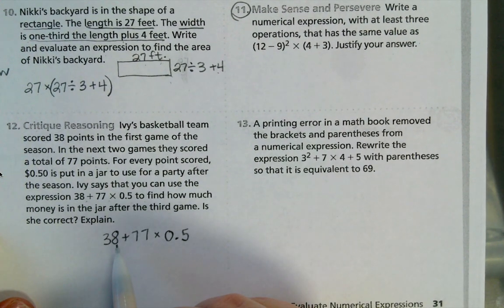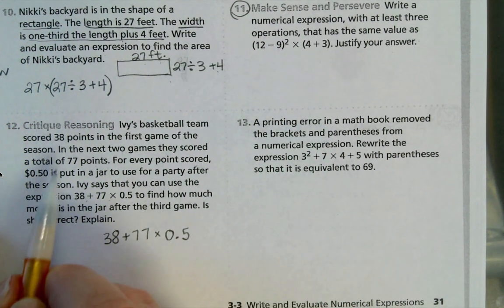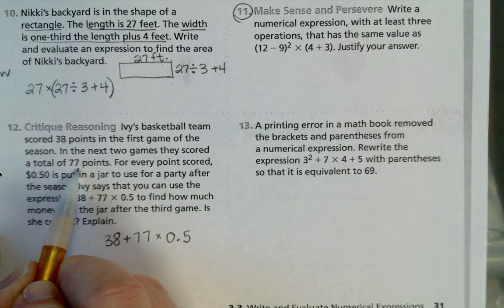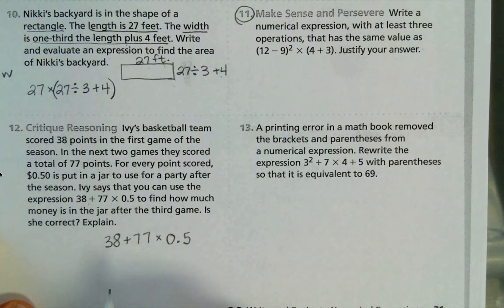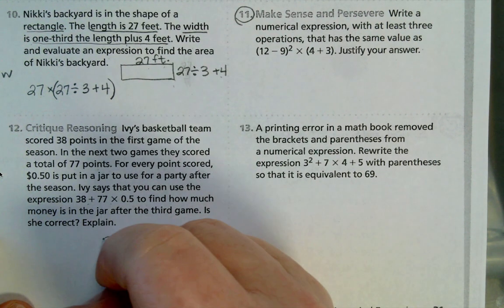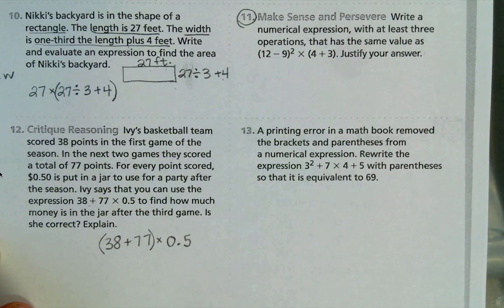These numbers right here, we have to remember, what do these numbers represent? Well, 38 points and 77 points, right? And for every point scored, it's 50 cents. So these are my points. So I need to know my points before I can multiply for my money, okay?